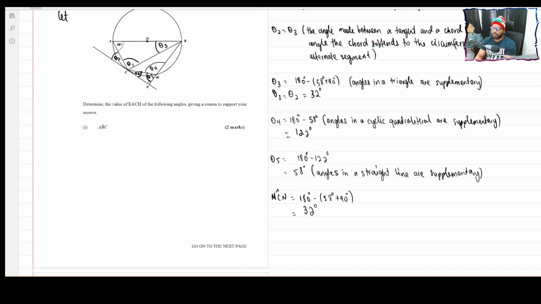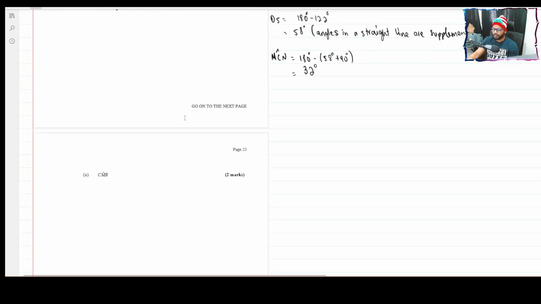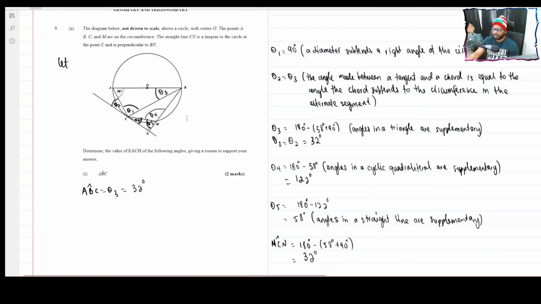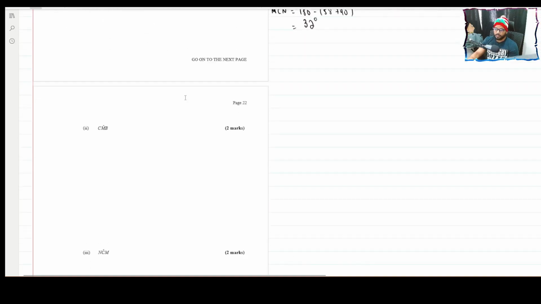Determine the value of each of the following angles, giving a reason to support your answer. Angle ABC, that is theta 3. So I could say ABC is theta 3. We already calculated theta 3. That is 32 degrees. Good to go. Angle CMB, that is theta 4.